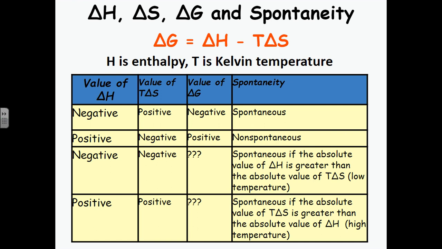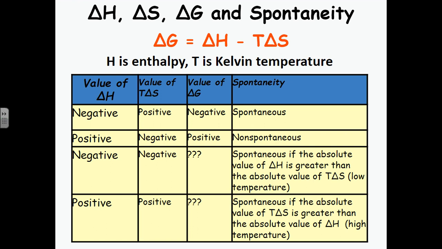So if we're given a value in the first row where your value of delta H is negative, this means you have an exothermic reaction, and a value of T delta S that's positive, which means either your T is very large or your S is one of those entropy-favoring things, then your reaction will be spontaneous because it will yield a negative delta G.